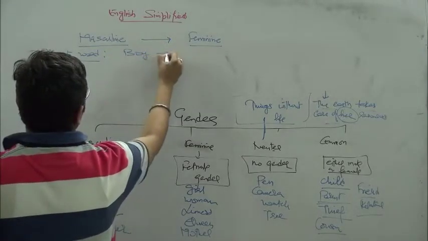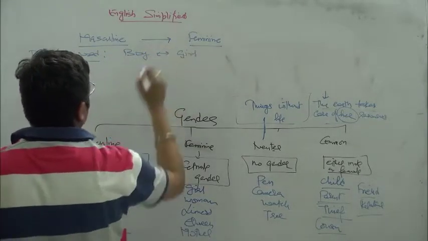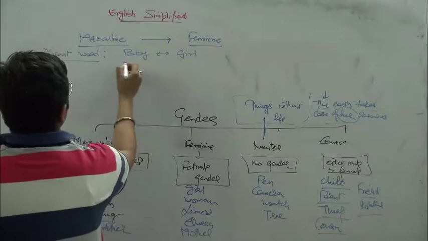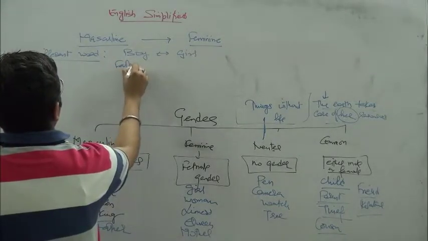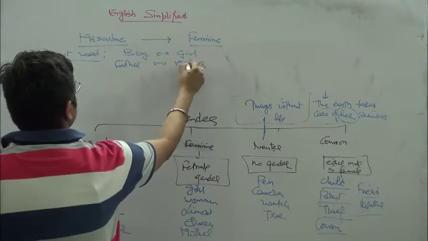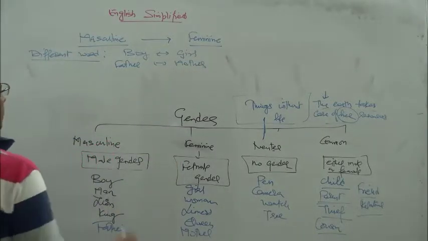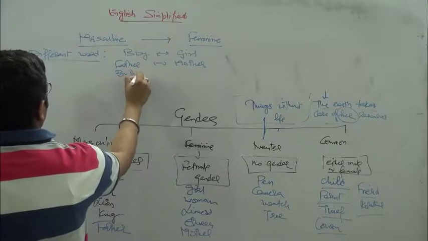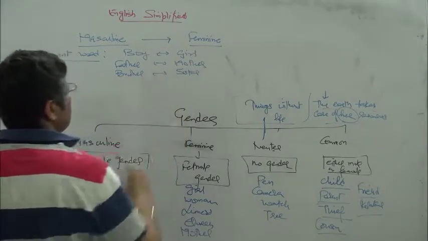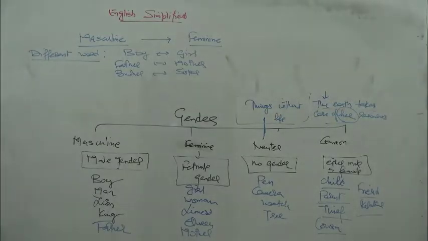As I say, against a boy, I'm using the word girl, right? So boy is an example of a masculine gender and girl is an example of a feminine gender. If I say father, the answer to that would be mother. If I say brother, the answer to that is sister. Okay?